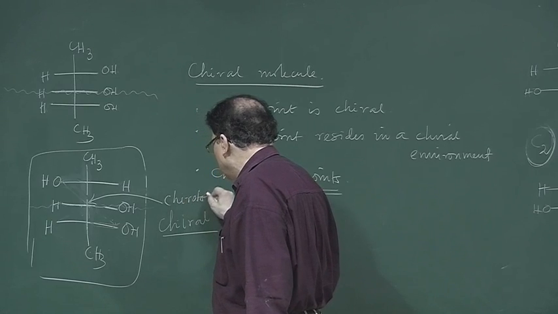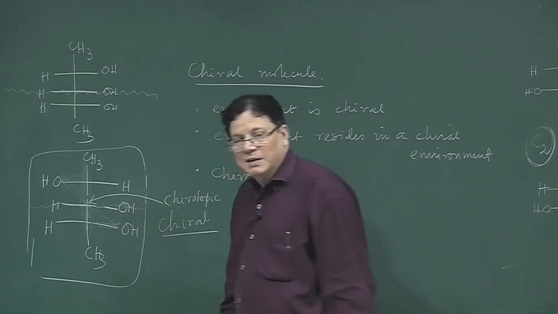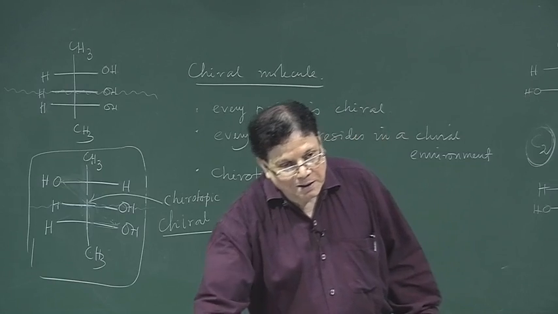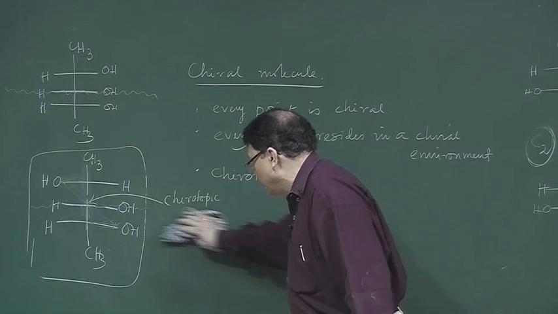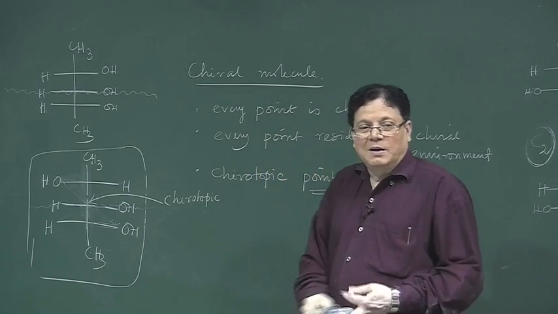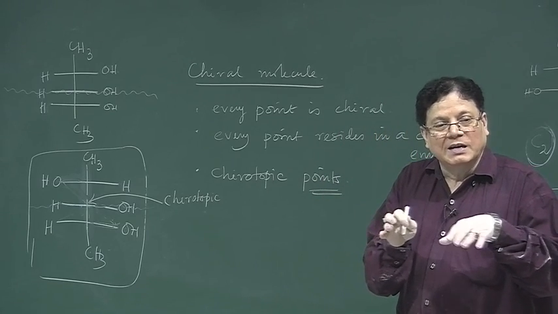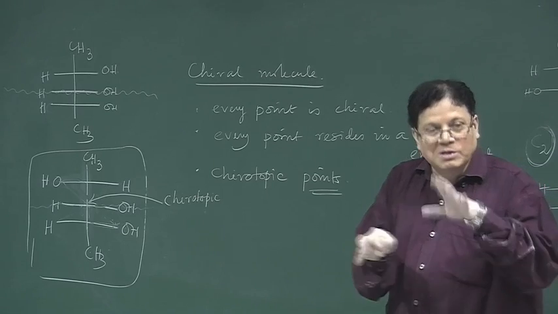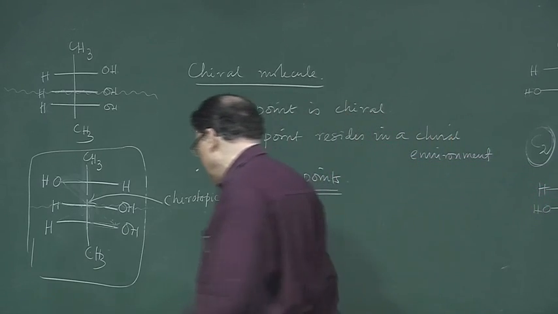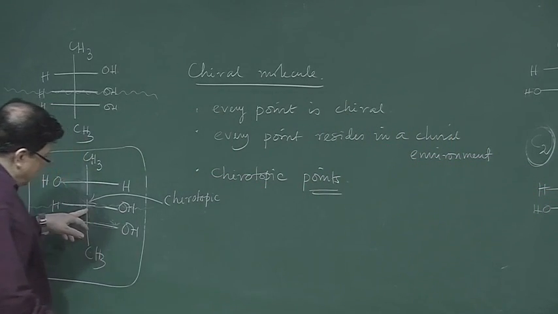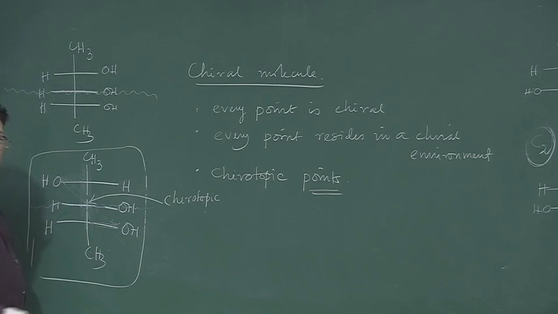Because this molecule is chiral, as simple as that. The molecule is chiral, so every point is chirotopic. Now, the question is, what is the relationship between stereogenicity and chirotopicity? They are closely associated, you will see now. This is chirotopic. Now, the question is, is it stereogenic or not?